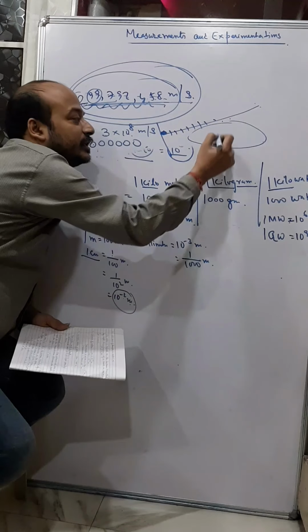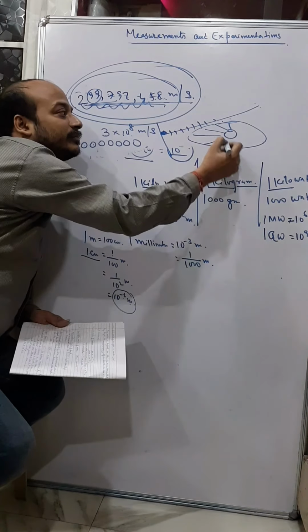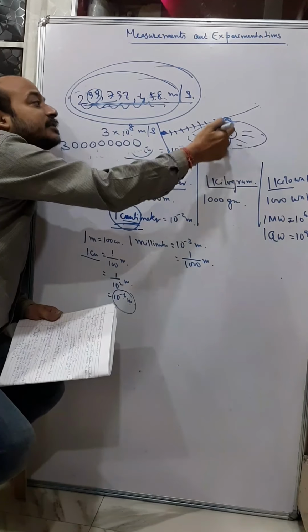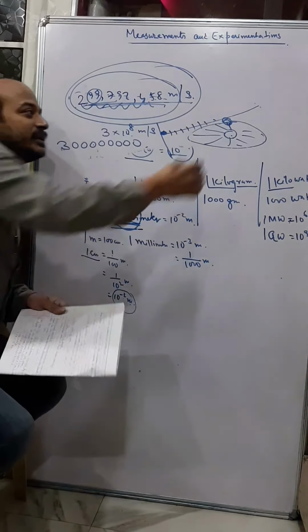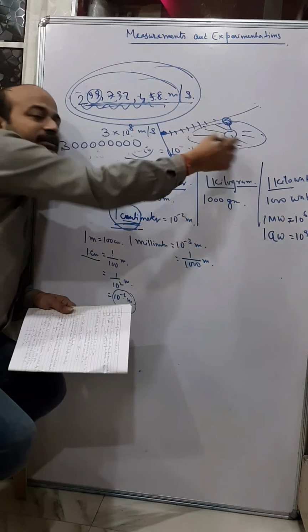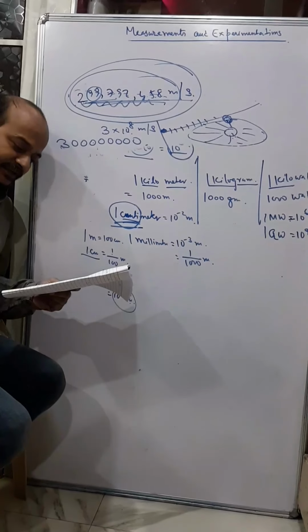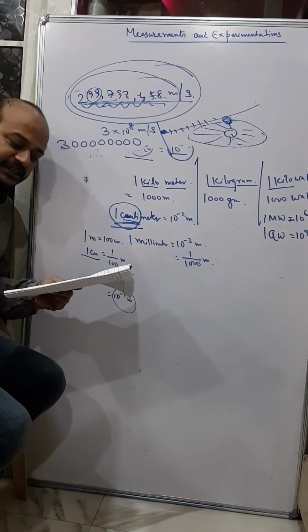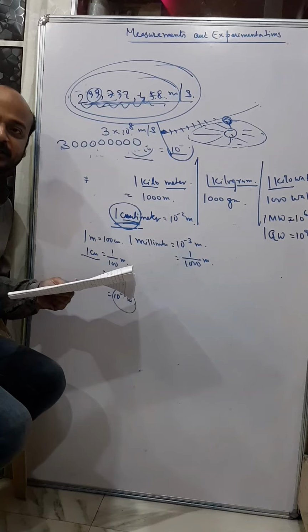So the distance changes, but the mean, the average. So one astronomical unit is 1.496 into 10 to the power 11 meters.